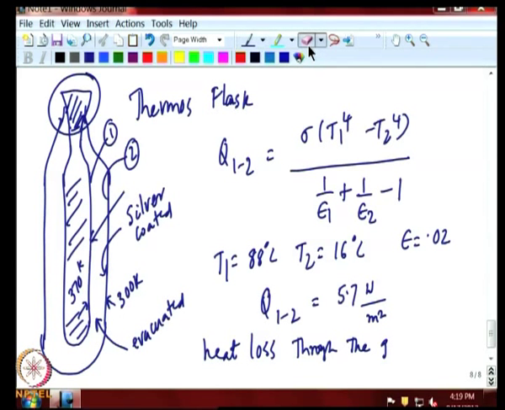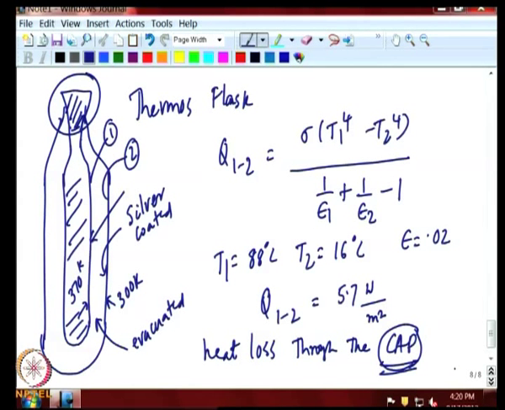So, the key thing to remember from this exercise is that the difference between a good Thermos Flask and an average Thermos Flask is the design of the cap, because one is able to control very closely the heat loss through the side by controlling conduction, convection as well as radiation. So, the main leakage of heat is now through the cap, and the cap design becomes critical.